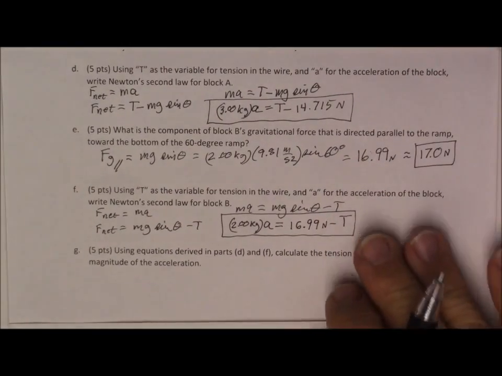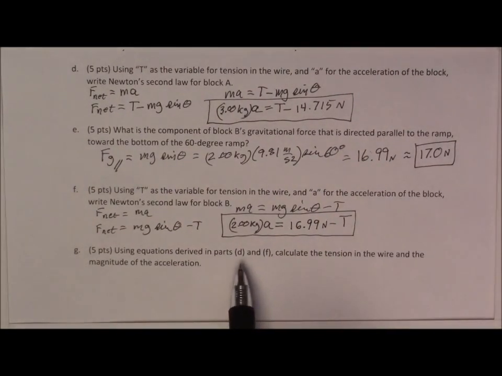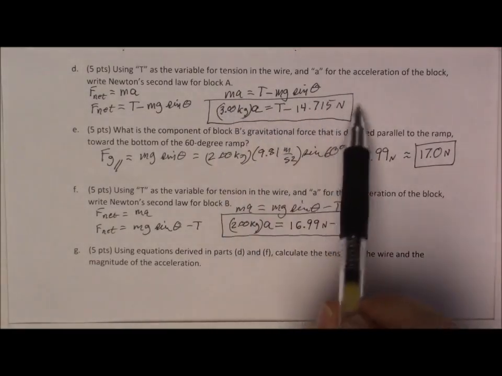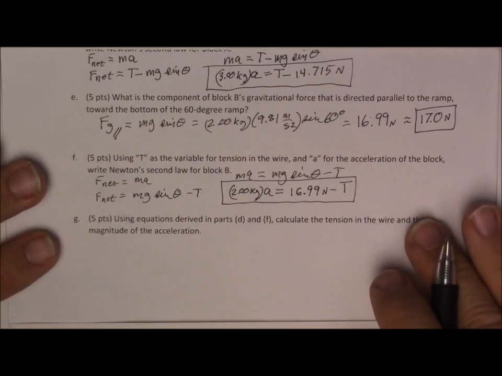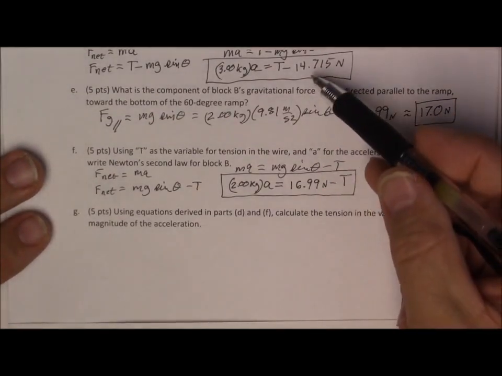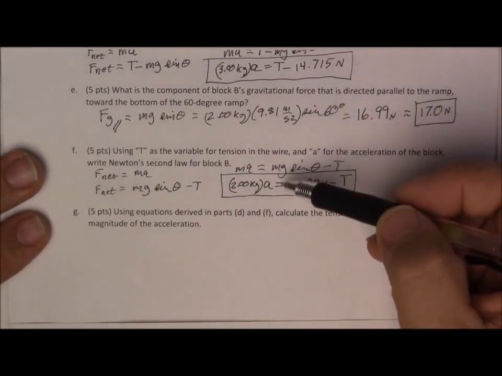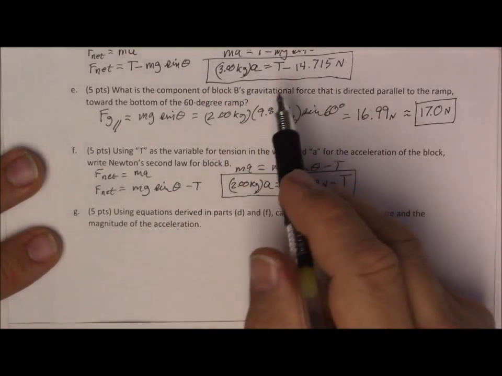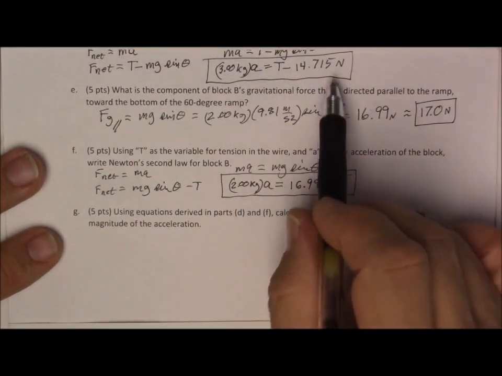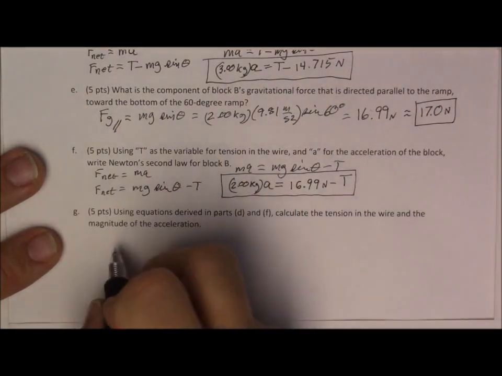Now part G. Using the equations derived in parts D and F, okay, that's this equation and this equation, calculate the tension in the wire and the magnitude of acceleration. Well, here we go. Let's rewrite these equations one on top of the other down here for part G. And I will simplify things by leaving off units temporarily.